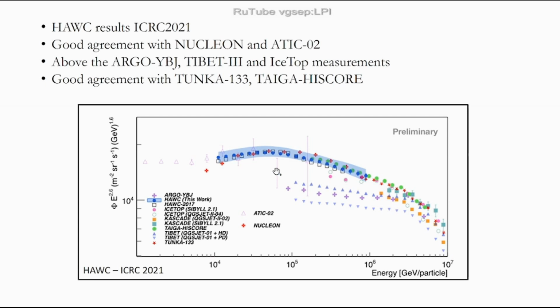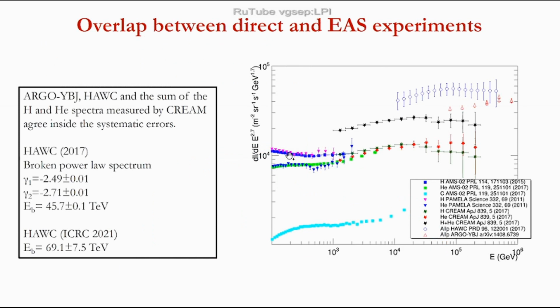The spectrum measured by Oak from hundreds of TeV to 10 PeV is not described by a single slope power law. They observe a knee feature, and this knee feature is around 50 TeV. In their paper in 2017, the energy of this break was 45 TeV, while at the ICRC they claimed that the energy break is at 70 TeV, even if with a larger error.